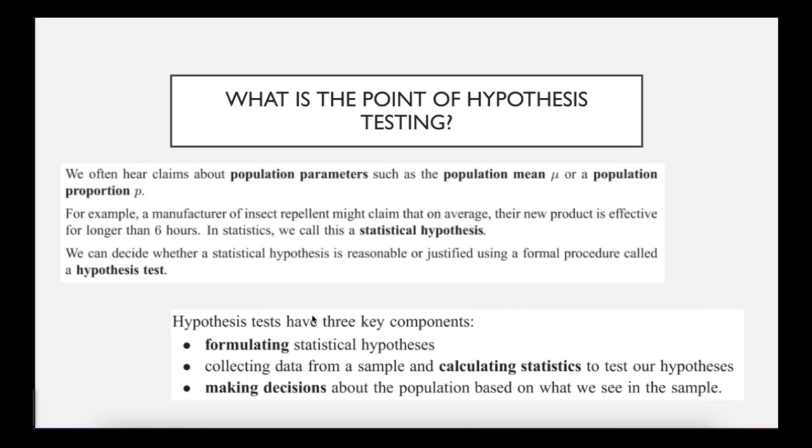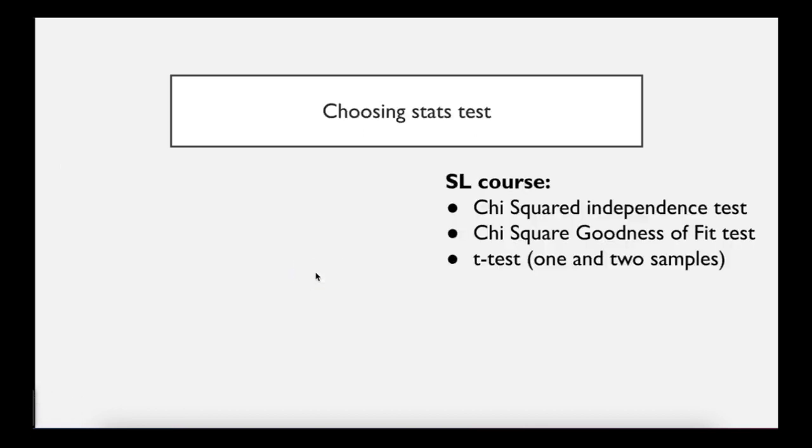So the point of a hypothesis testing is really to claim if a certain data makes sense, right? So can we say that an insect repellent is efficient for longer than 6 hours? So these claims, we need to make sure that they're either realistic or not.